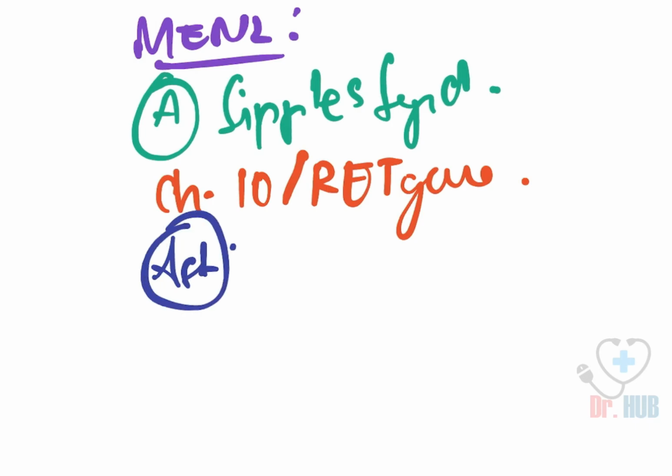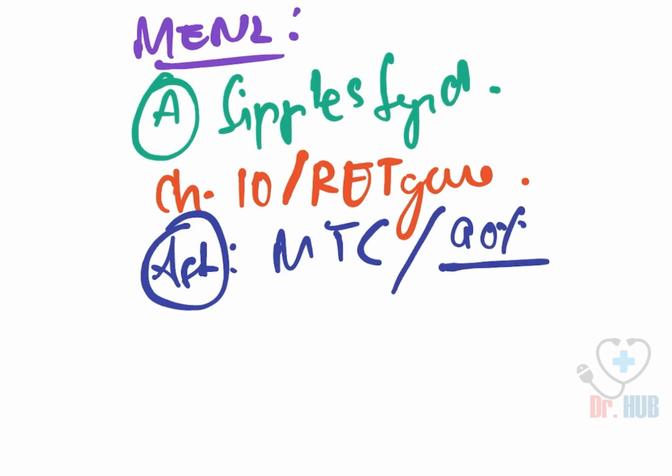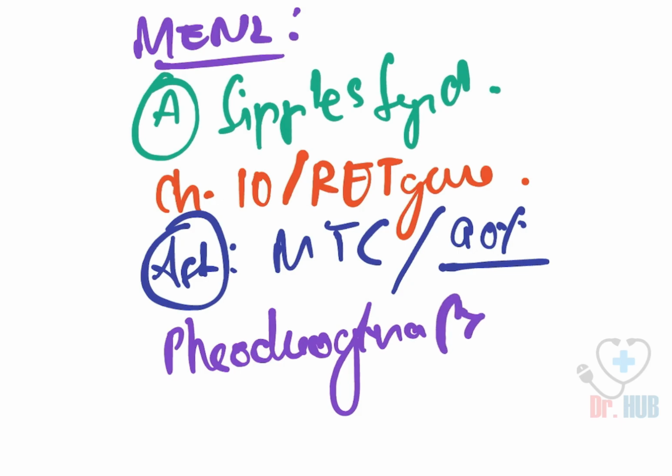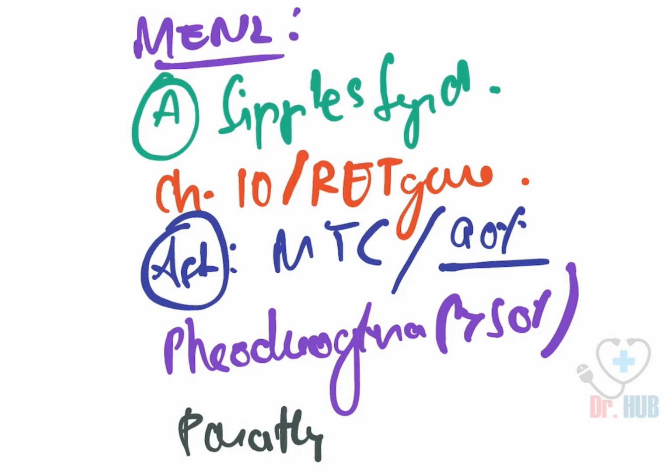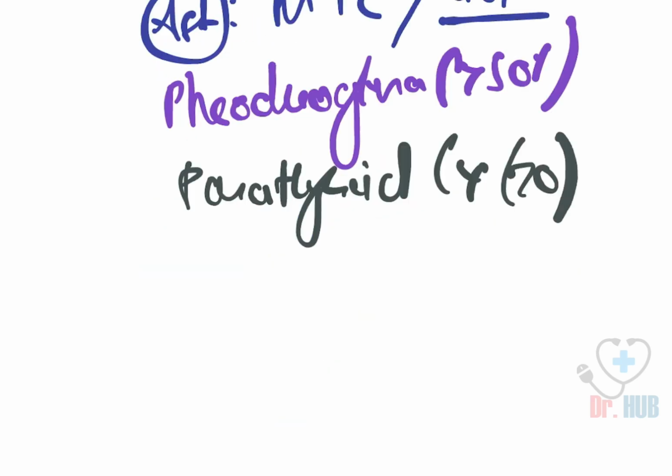Looking at the associated conditions, it includes the MTC, that is medullary thyroid carcinoma, and this is about 90%. Then the pheochromocytoma, which is greater than 50%. Then the parathyroid carcinoma, which is about 20%.